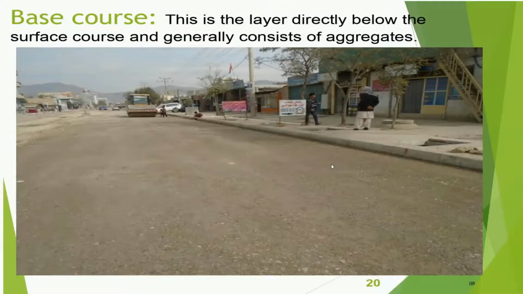Now, construction of the base course. This is the layer directly below the surface course and generally consists of aggregate. So students, you can remember one thing, the base course is the layer where we provide proper quality aggregate to avoid various types of deflection in the flexible pavement.